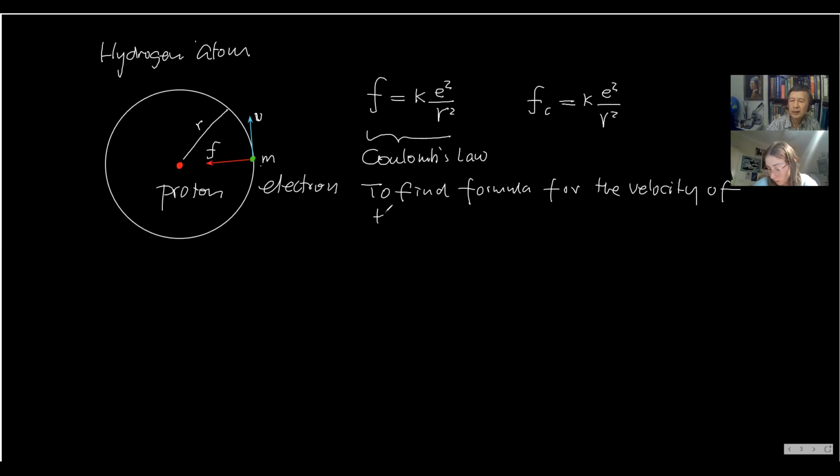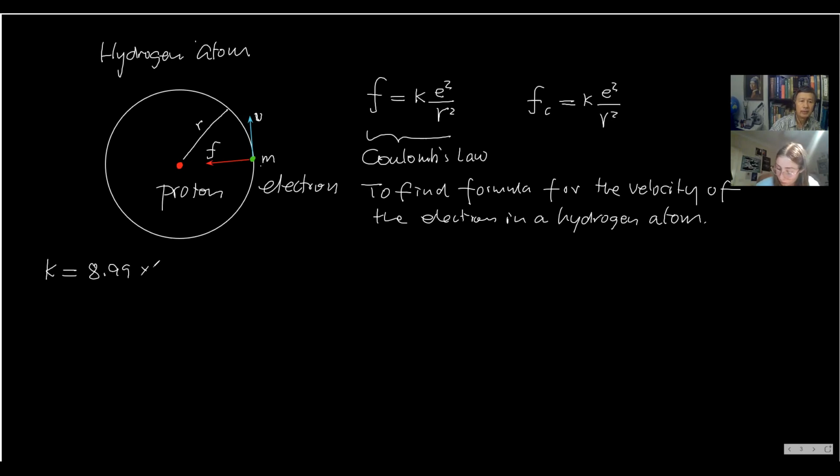Very small, right? I can write these constants on this side, which is not important, but we need to find the formula first. In Coulomb's law, K is very close to 9, more precisely 8.99 multiplied by 10 to the power of 9.